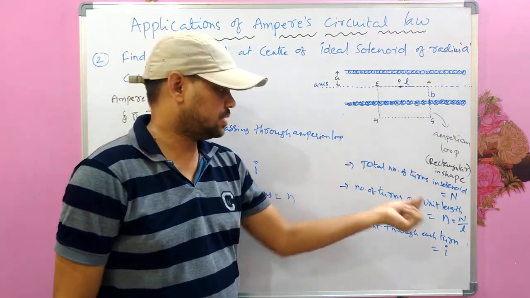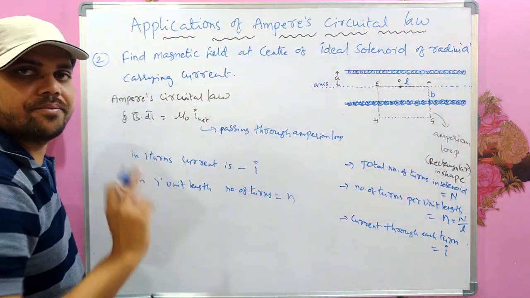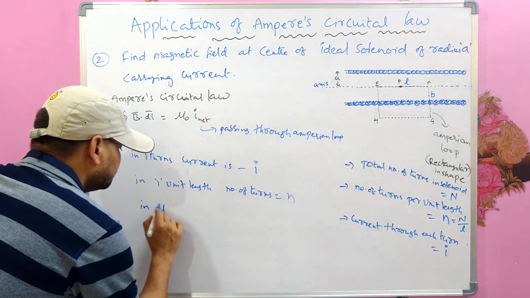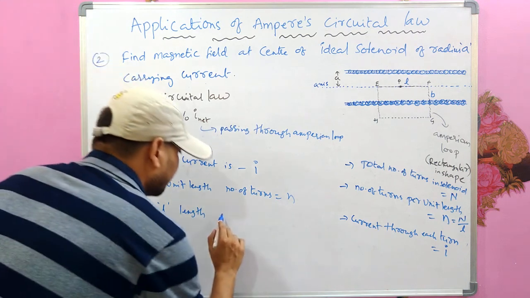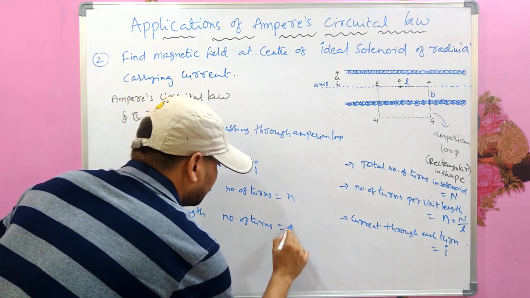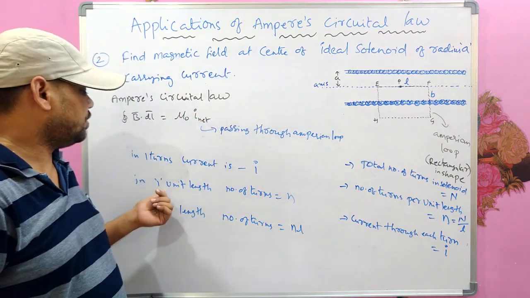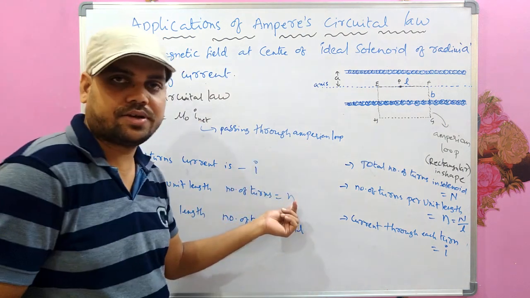Then the length of my Amperian loop is L. Then in L length, the number of turns will be n into L, because in 1 unit length we have small n number of turns.